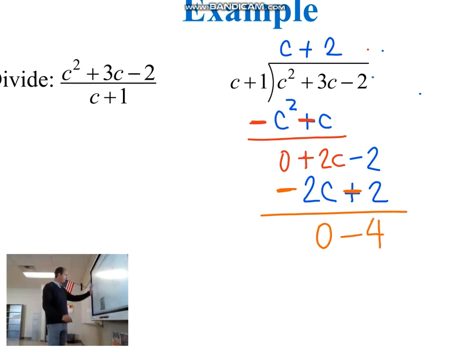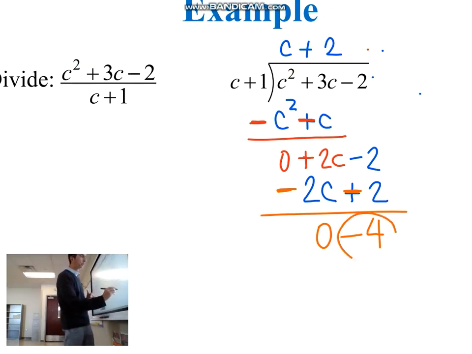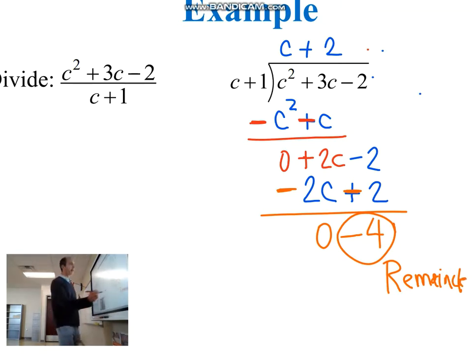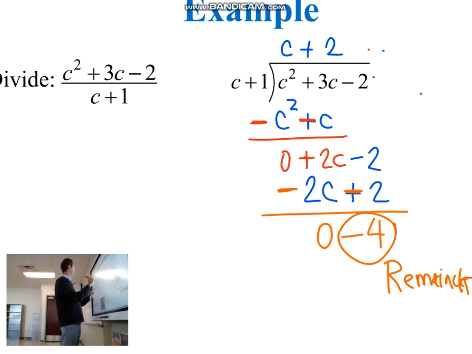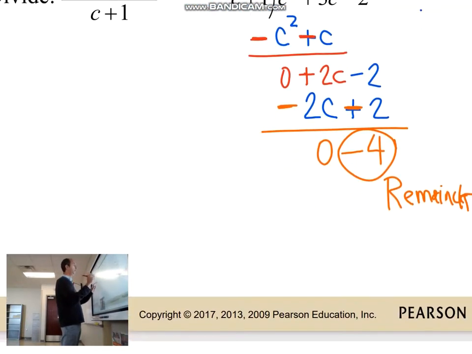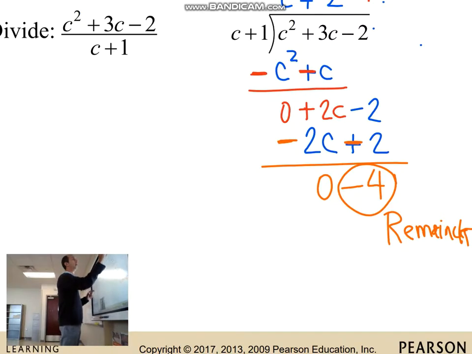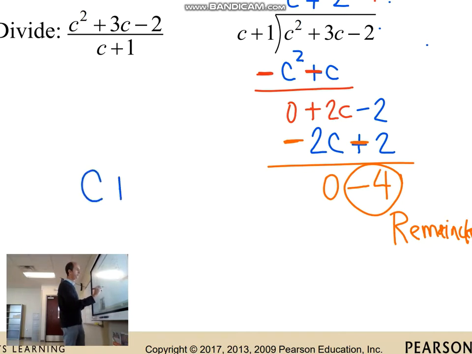And this is the last thing we can do, because this is going to be the remainder, right? And the complete answer, the full answer to this division, let me show here on the bottom, is, and we found c plus 2 minus 4 divided by c plus 1.